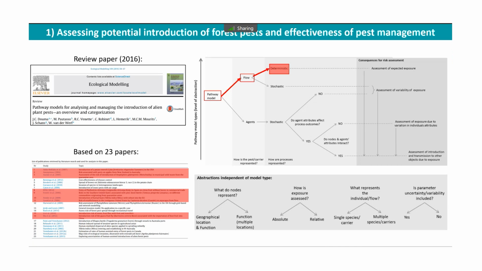Either the nodes are real geographical locations, for instance, the port of Bordeaux, or they can represent just the function, so a port. The probability of introduction can be expressed as an absolute value or as a relative value, and so on. But in fact, most of the papers consider a flow of infested products in a deterministic way. So don't worry, I'm not going to enter into too many details about equations.